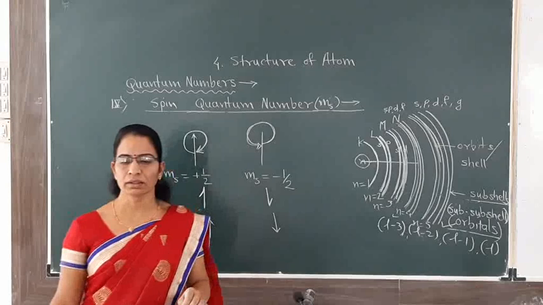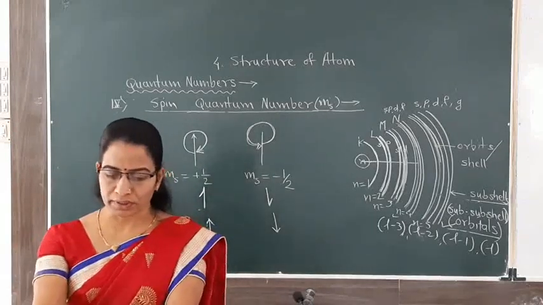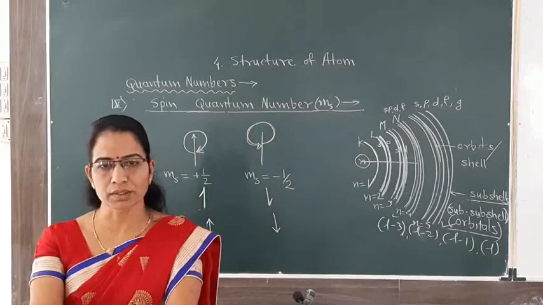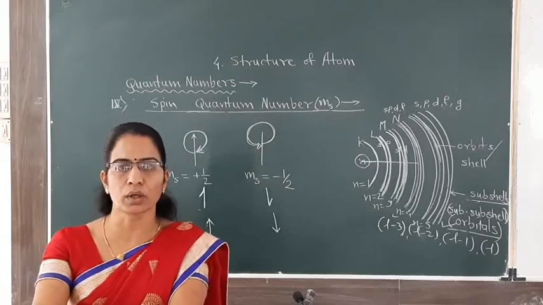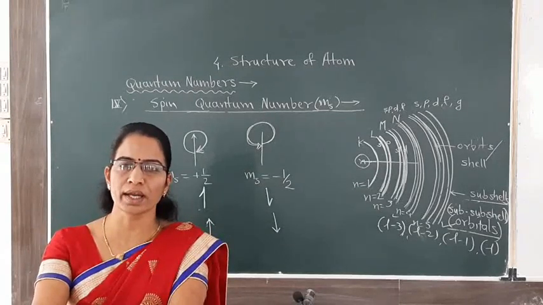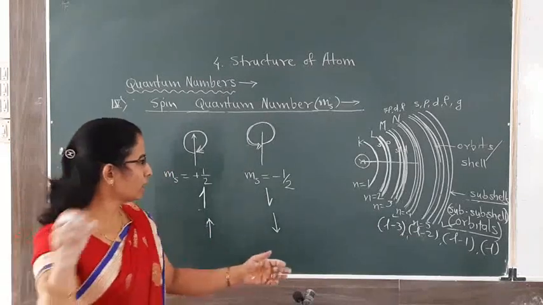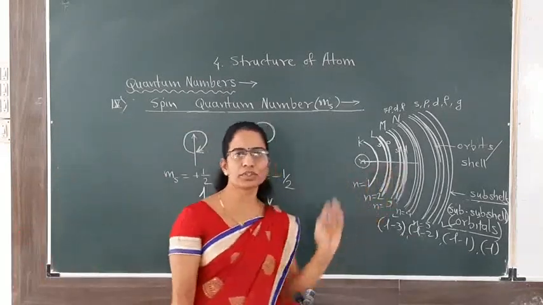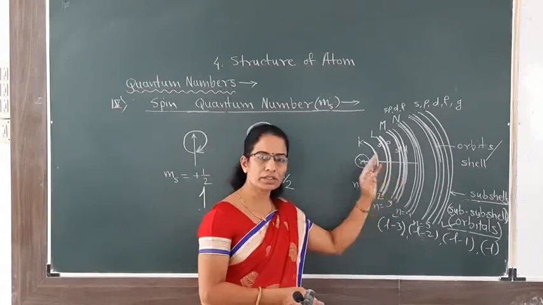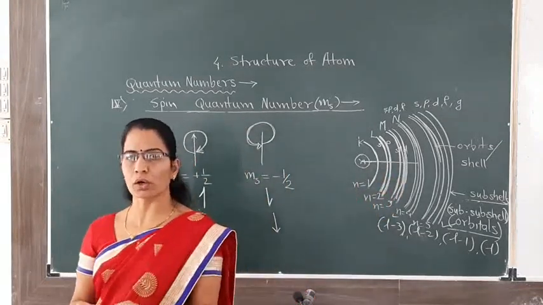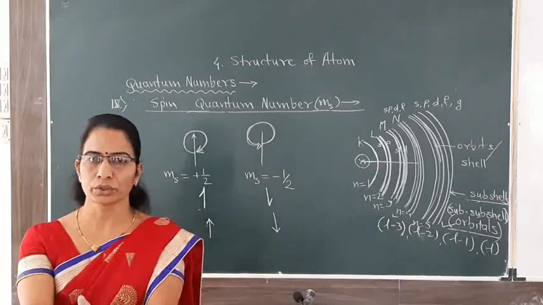In this manner, with the help of all these 4 quantum numbers, you can give the state of that electron, the energy associated with it, and also the exact position of that electron in a particular shell, subshell or orbital around the nucleus.